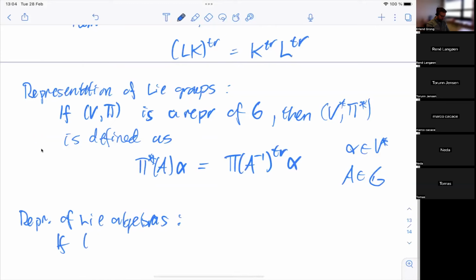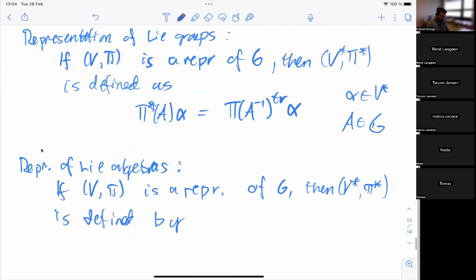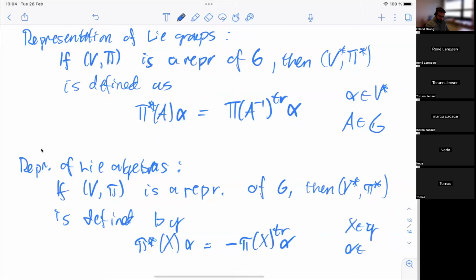If V with Pi is a representation of G, then V star with small pi star is defined by pi star x of alpha equal to minus pi x transposed applied to alpha, where x is in the Lie algebra and alpha is in the dual.